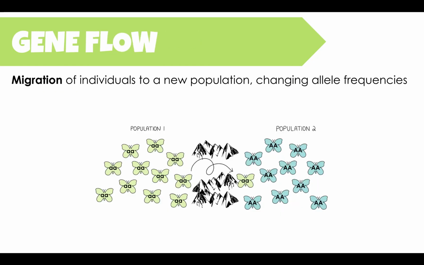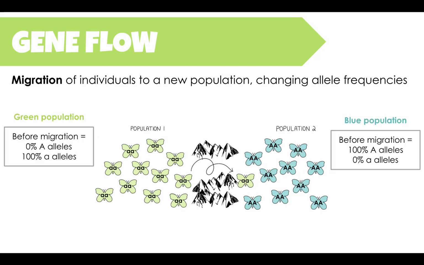The next type of process that could change allele frequencies is gene flow. It's similar to the founder effect, but here we're talking about migration. So we get migration of individuals into a completely new population, which would change the allele frequencies.